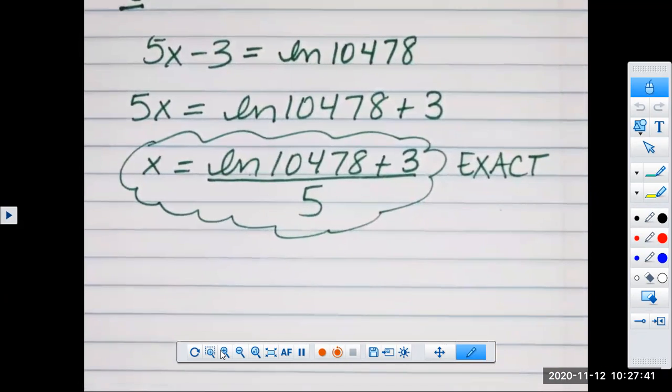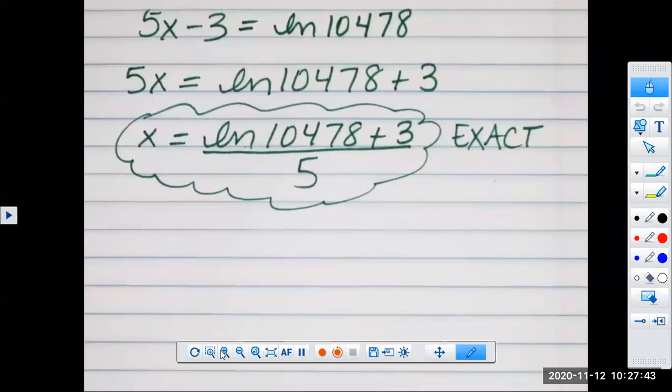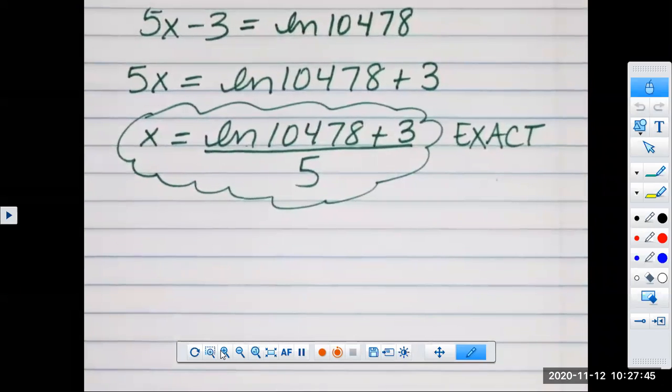When you type this in a calculator, you need to be really careful. So either get out the calculator that you have or the one on your phone.